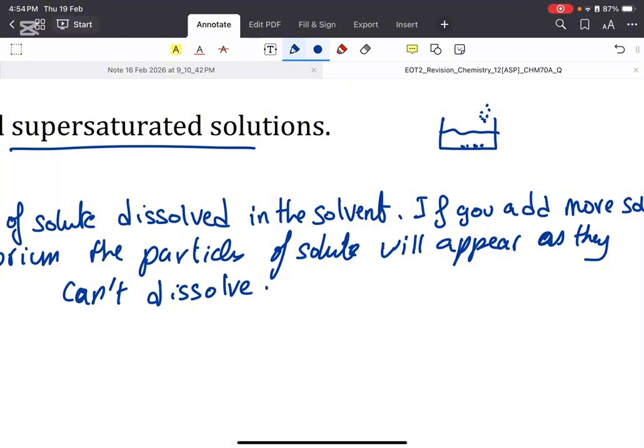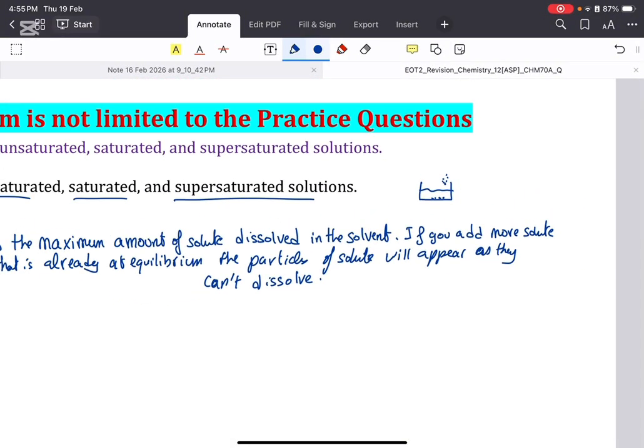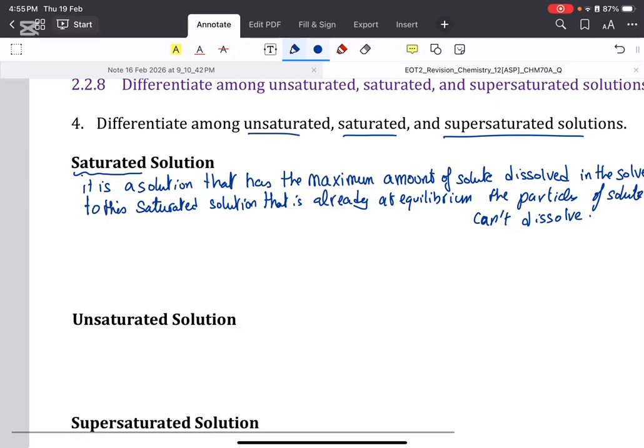The solution is full, it's saturated, it's in dynamic equilibrium. It cannot take up more.